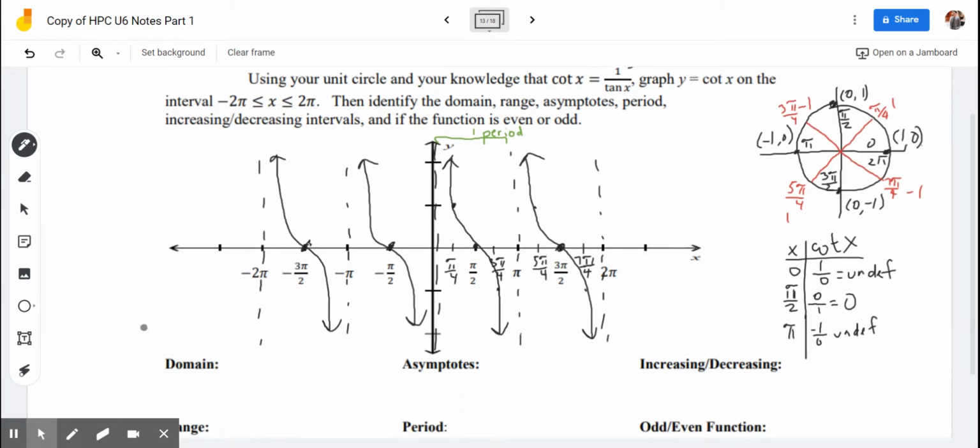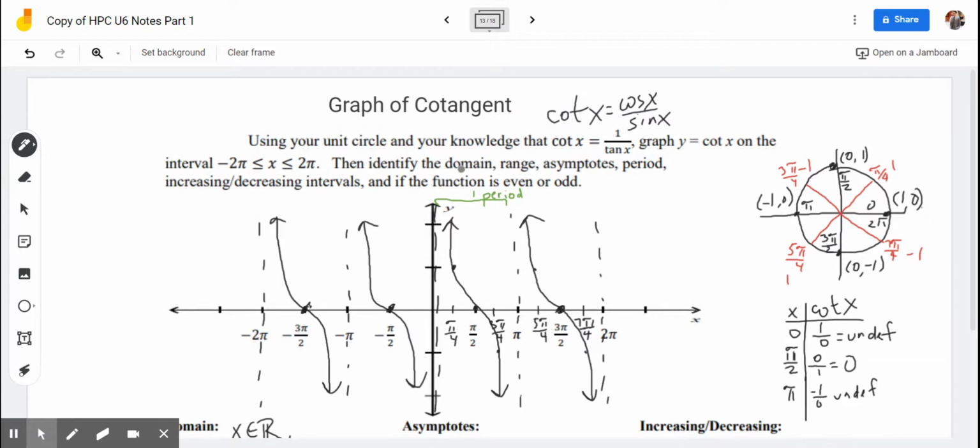So the domain for this function is all real numbers except x cannot equal n pi. So every pi radians, there's going to be a vertical asymptote. So 0 pi, 1 pi, 2 pi, 3 pi, for the parent function of cotan.